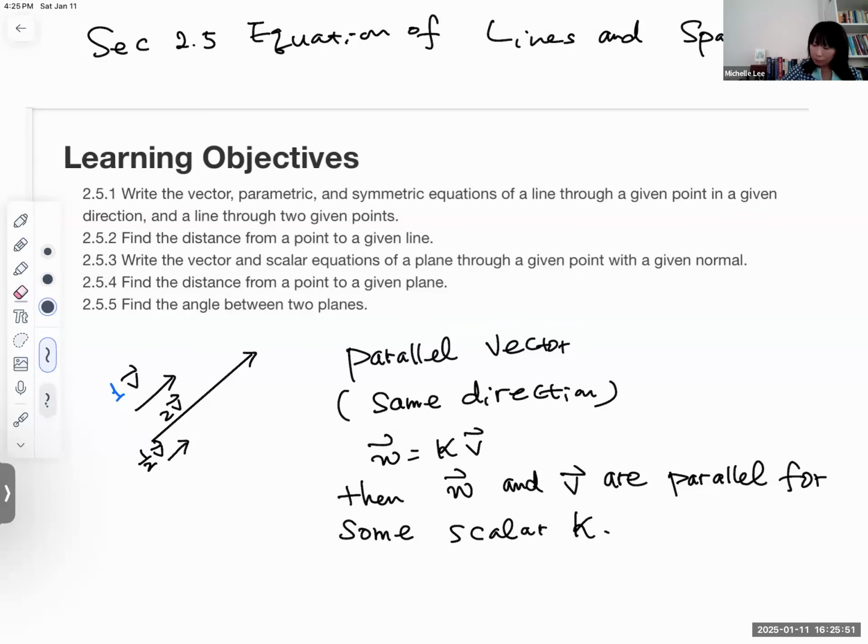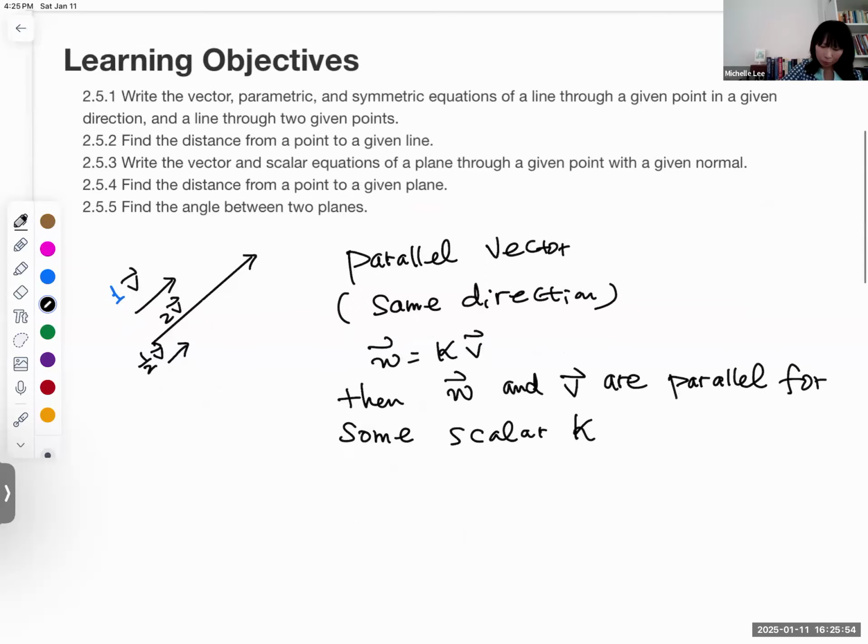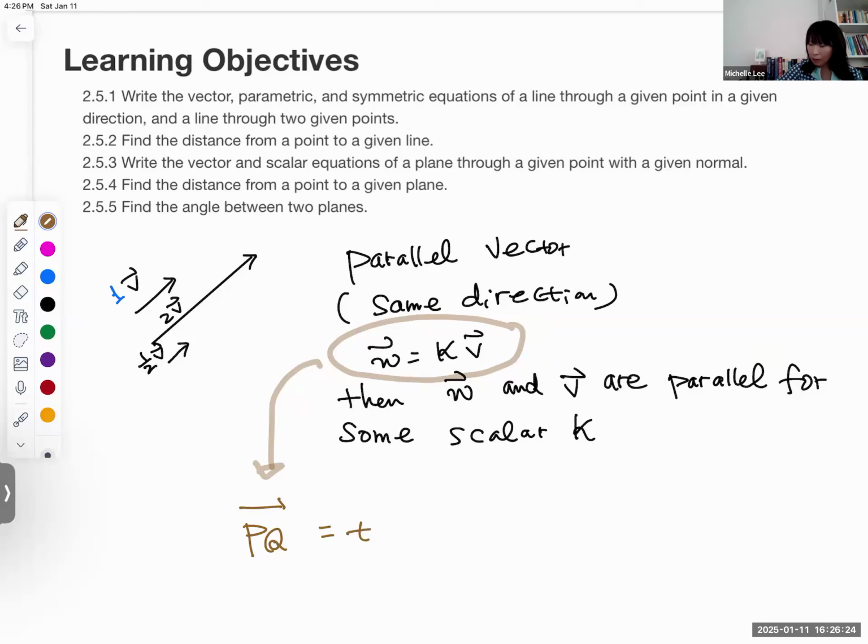All right, then we can express this notation like this. A vector comes from 2 points, right? So PQ equal to, now K will be T, and we are using the same vector V notation.